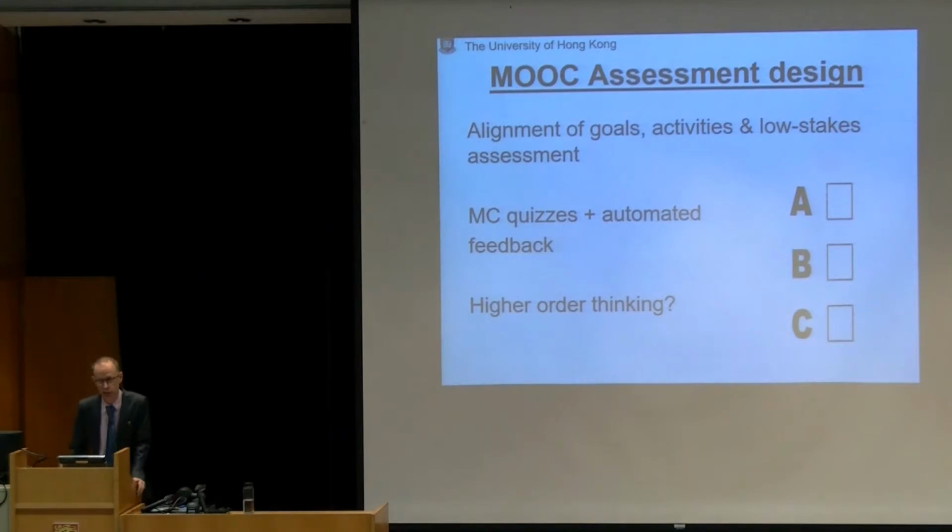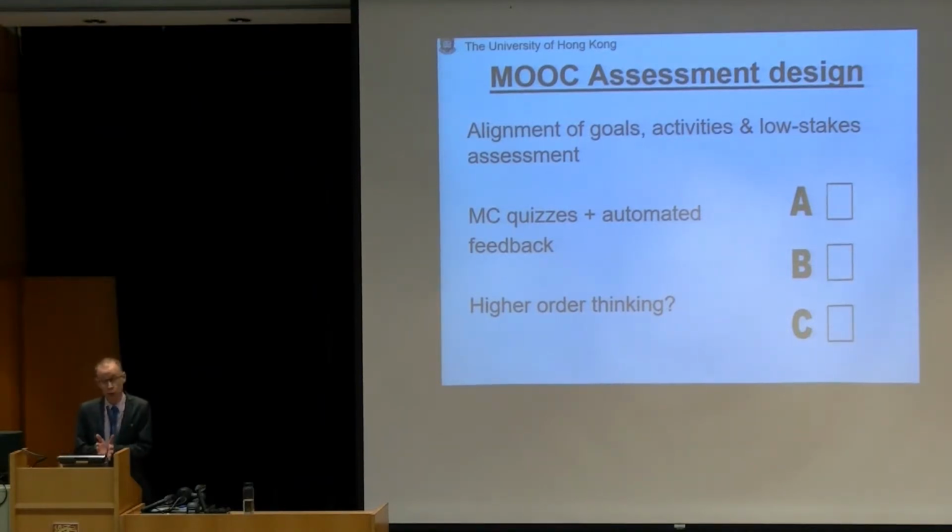So if we think of the assessment design in a MOOC, Dawson and Henderson in their chapter in my book, they talk about the alignment. And I think some of you know that the concept of alignment was invented in this very building by John Biggs many years ago. The alignment of goals, activities, and low-stakes assessment.